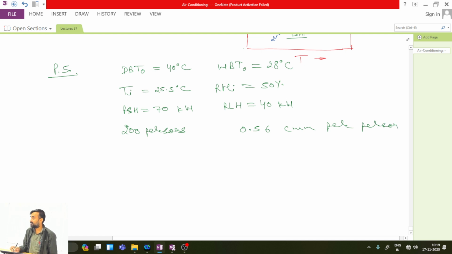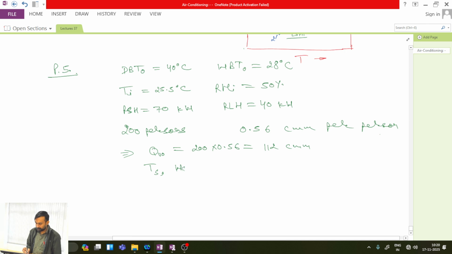Per person, how much cmm is needed? 0.56. What it means? It means that QV naught is nothing but equal to 200 into 0.56, which comes out to be, tell me the value, 112 cmm. We need to find TS, WS and QS.